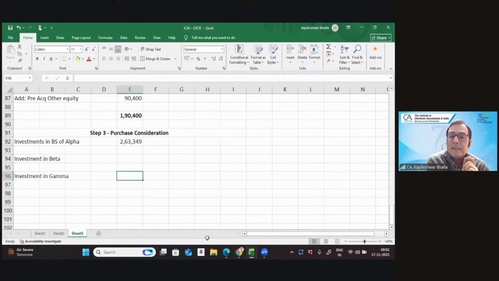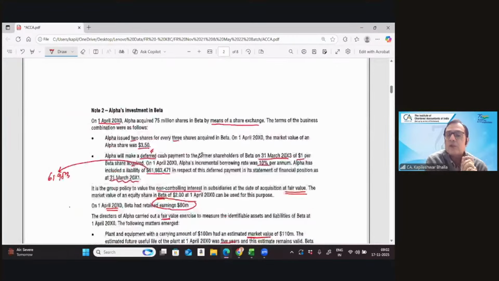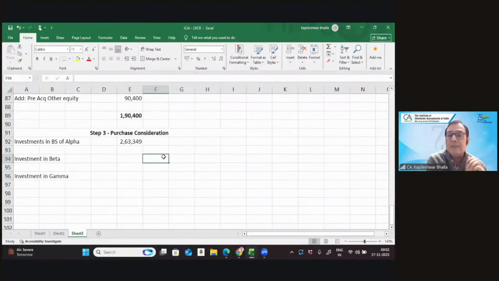Once we look at the investments in terms of Beta, let's go back to note number 2, which says that Alpha has acquired the shares in Beta by giving 2 shares for every 3 shares, and the market value of the share is 3.5. So the purchase consideration in terms of Beta was in the form of shares.